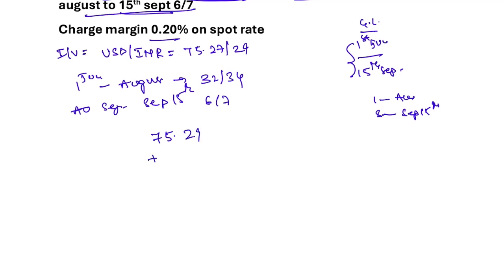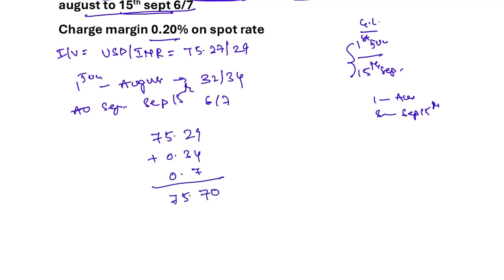The premium up to August is 0.34, and for the September dates, it is 0.07. If we add all these, we will get 0.41, that is 41 paisa. So 75.29 plus 0.41, that is 75.70.